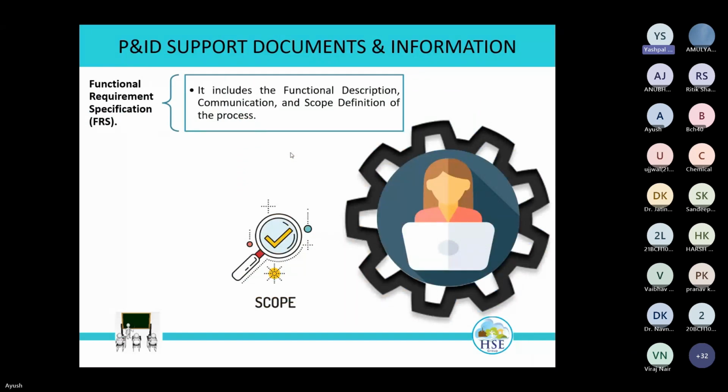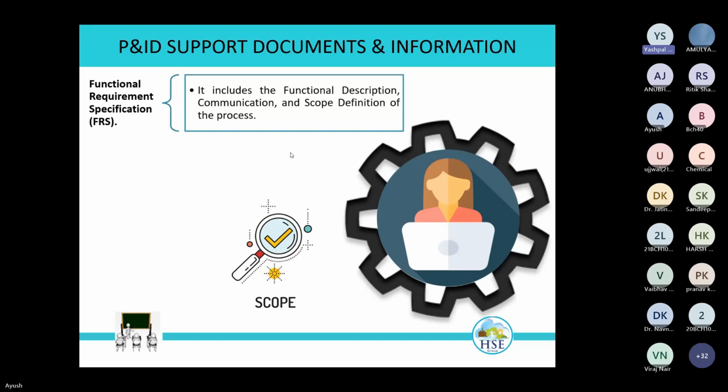Of course, other than equipment and instrumentation specifications, we also require functional requirement specifications. It includes the functional description, communication, and scope definition of the process. That is related to the process. Like we have seen that in equipment we are charging chlorine and some other gases.